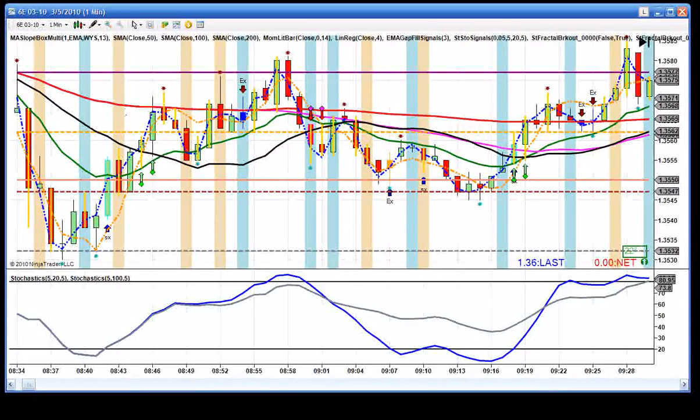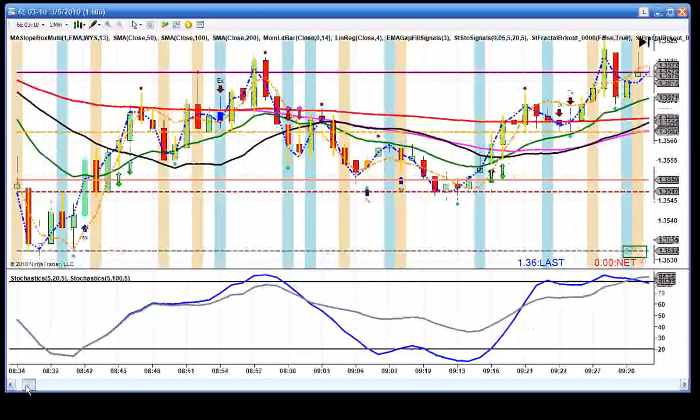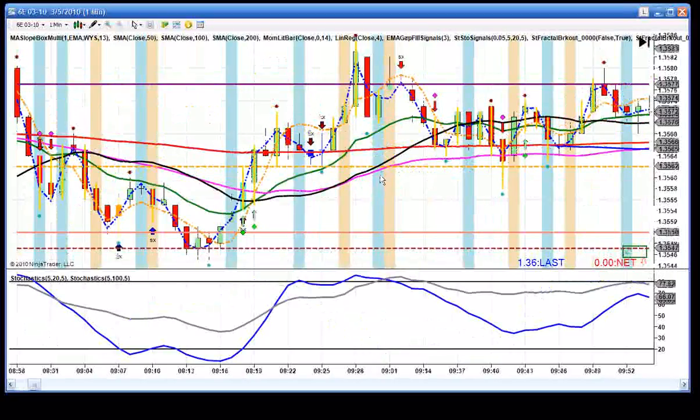Whenever you see that the 13 and the 20 cross against the overall trend, what you've got now is a partnership. It's the only two moving averages that are taking on the new direction, the 13 and the 20. The minute you get a third moving average, three or more moving averages, now you have an organization.